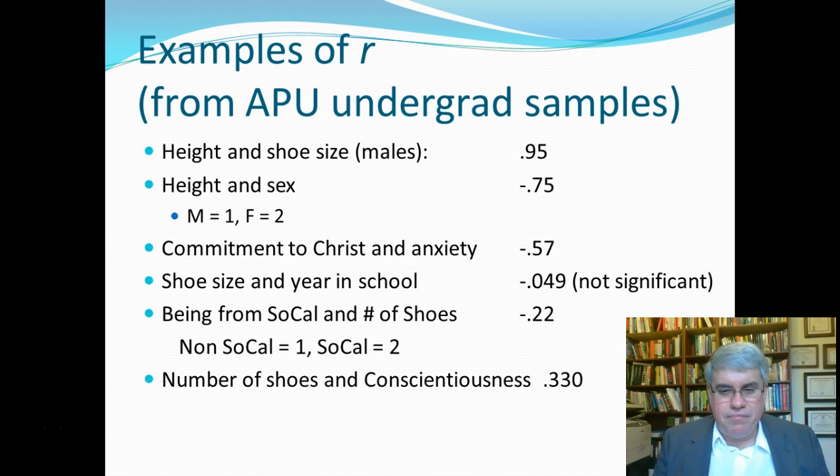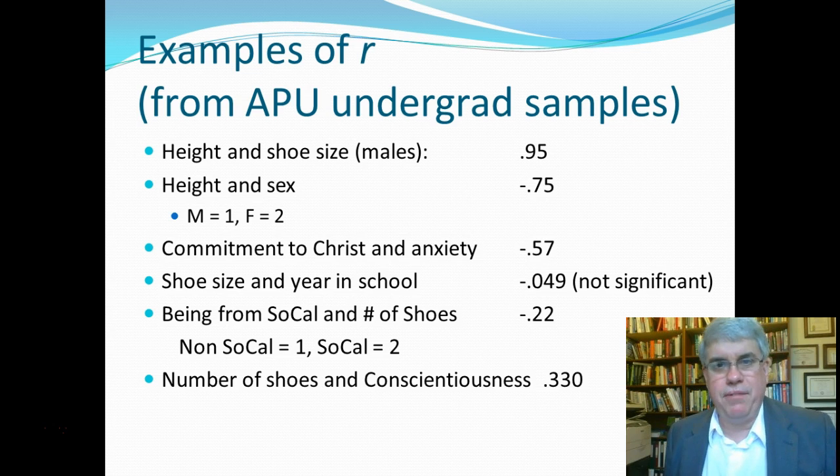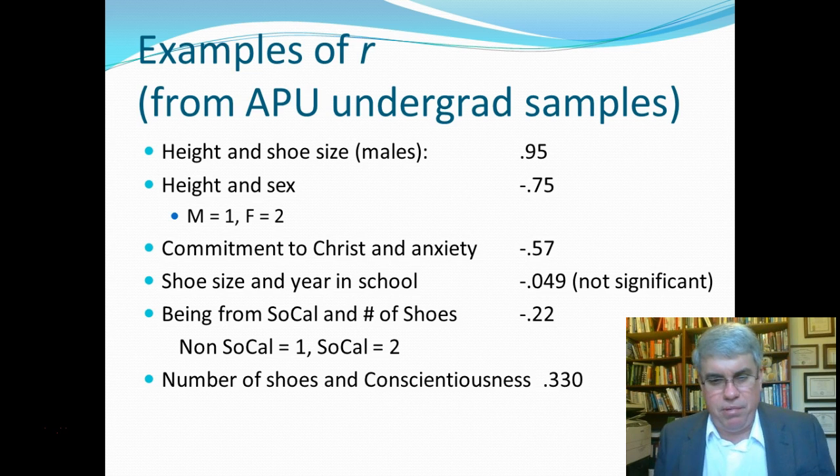Then there's another correlation, and there's a positive correlation between the number of shoes one owns and conscientiousness. Now, what's conscientiousness? Conscientiousness is a measure of basically how closely people follow rules and do what they're supposed to and arrive on time and make sure they do everything exactly the way that they're supposed to.